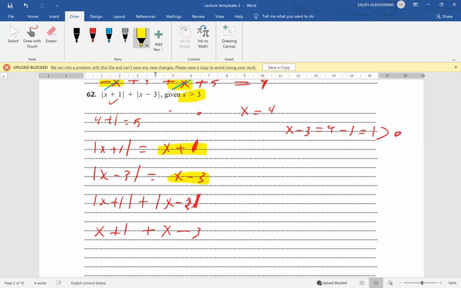Now I can combine: x plus x gives me 2x, and 1 minus 3 is equal to minus 2. So this is equal to 2x minus 2. So the expression can be simplified to 2x minus 2, written without the absolute value. So this is how to deal with the absolute value and how to simplify expressions containing absolute values.